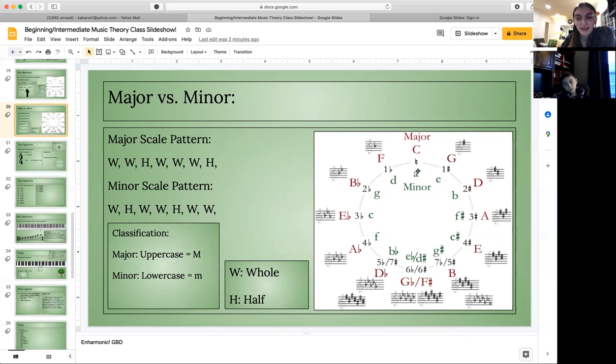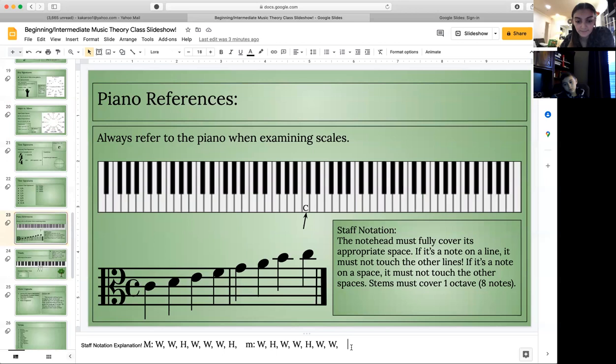So for A minor, let us write out our A minor scale, okay? I'm going to keep everything lowercase because that's how it will be written normally. It's more of a mental thing, understanding that everything is lowercase in a minor key.